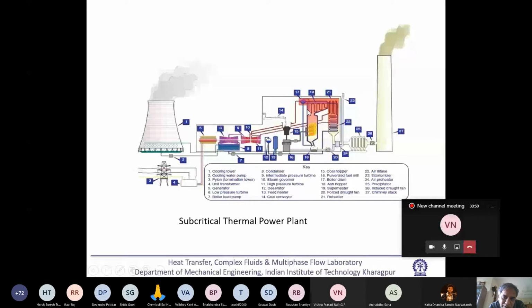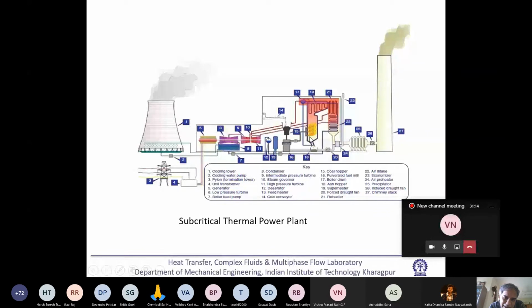They will absorb the heat. There is a round thing which is called the steam drum. Here they will go, and steam and water will get separated, and the liquid water will come back. Again, it will absorb heat. So there is some sort of internal circulation, and this is a very important part of the boiler.